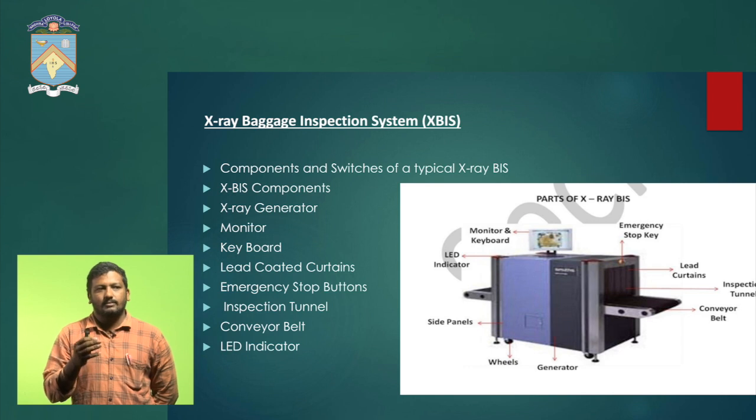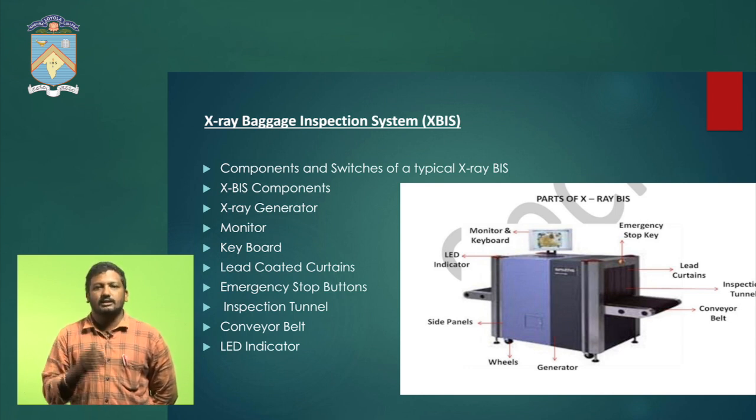While performing an X-ray we need to perform pre-operational checks. In the pre-operational check we check that the wires are properly connected or not, that the hanging LED curtains are hanging down or not, and the idle rods, which help move the baggage into the tunnel, are properly in place and nothing is obstructing them.